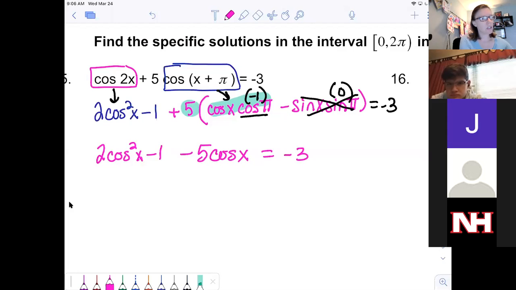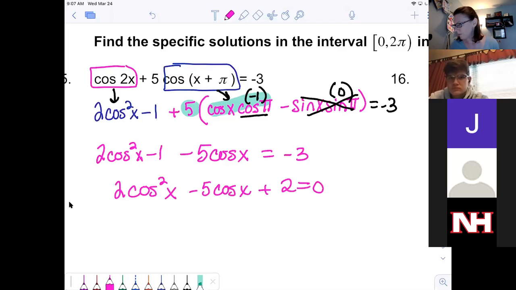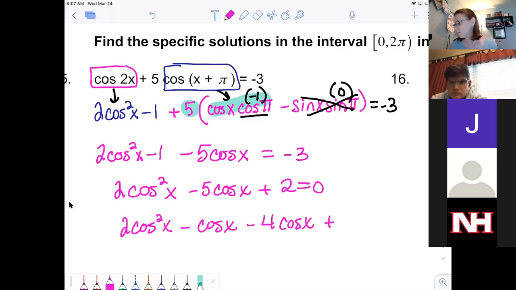Hannah, where do you think you would go from here? Could you move the 3 to the other side and then factor? Yeah, let's get this set equal to 0. So if we move the 3 to the other side and rearrange this, set it equal to 0 and factor it. We're looking at a 4, so we have 2 cosine squared minus cosine minus 4 cosine plus 2.